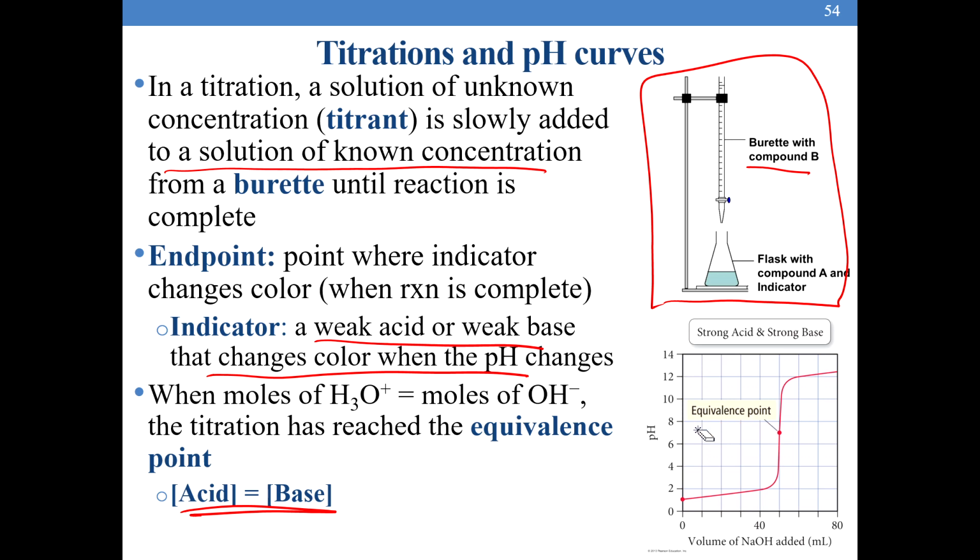Oftentimes the equivalence point and end point are used interchangeably. When you're speaking from the point of view of the indicator, you might say at the end point, the indicator will change color. Or you could say at the equivalence point, acid equals base, okay? So how does that actually look on a graph? Well, in lab, you would have a pH probe stuck in here, and you would be measuring the pH.